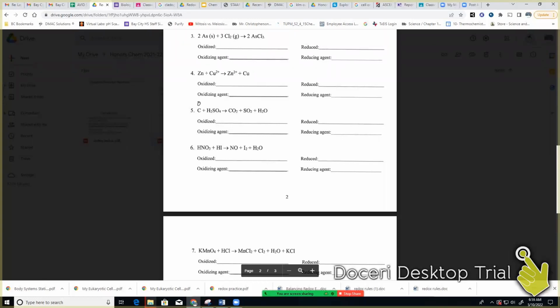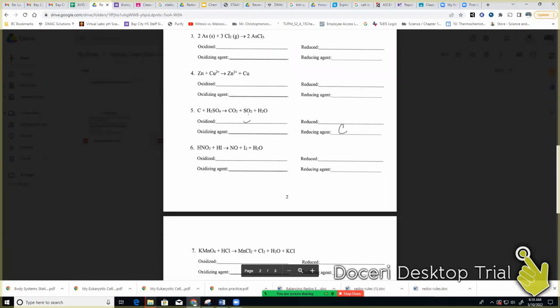So that alerts me to the fact that carbon is going to be either oxidized or reduced. So my oxygen's a -2, but I have 2 of them for a total of -4, which means my carbon has to be +4. So my carbon went from 0 to +4. So its oxidation number increased. So it was oxidized, which makes it the reducing agent.